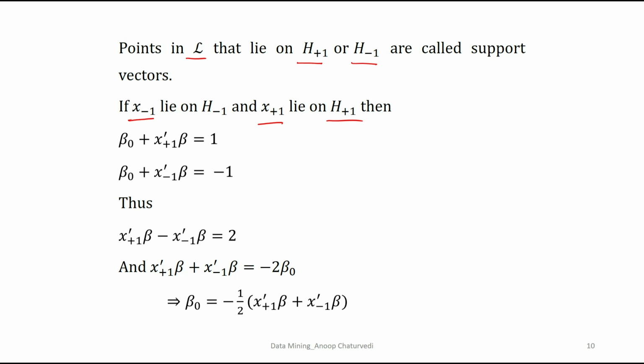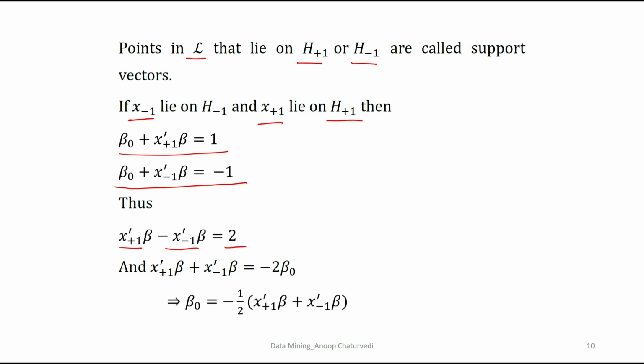Then beta naught plus x plus 1 transpose beta is equal to 1, and beta naught plus x minus 1 transpose beta is equal to minus 1. Now, if we subtract these two equations, we obtain x plus 1 transpose beta minus x minus 1 transpose beta is equal to 2. You get 2 on the right hand side.